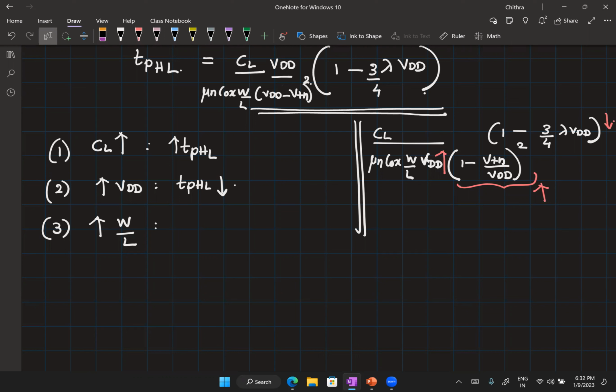Your self-capacitance is increasing slightly, but your overall capacitance is not changing much because it could be dominated by other factors. But as you keep increasing W by L, eventually you'll reach a point where the self-capacitance is a dominating factor, and beyond that point you will not see any improvement in the delay. So this is actually a trick question. It depends on the self-capacitance value.